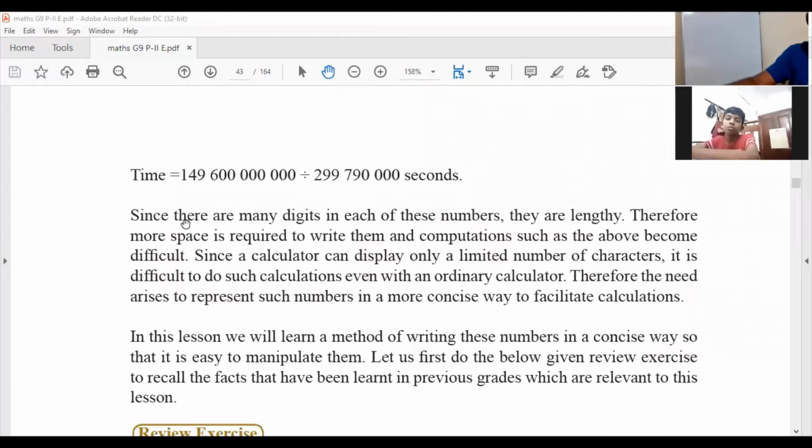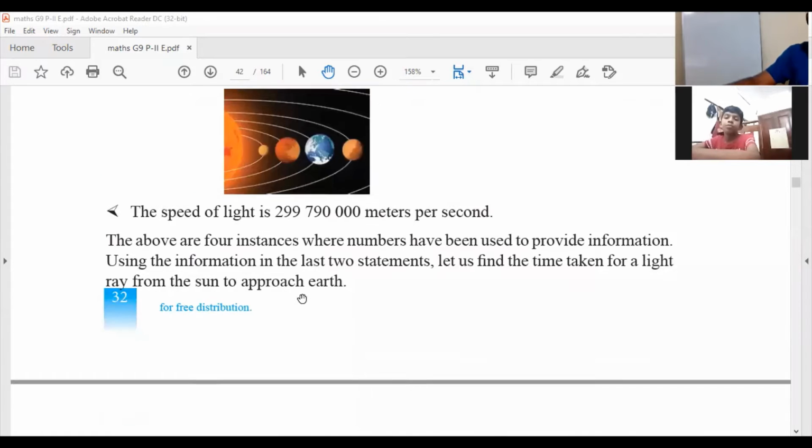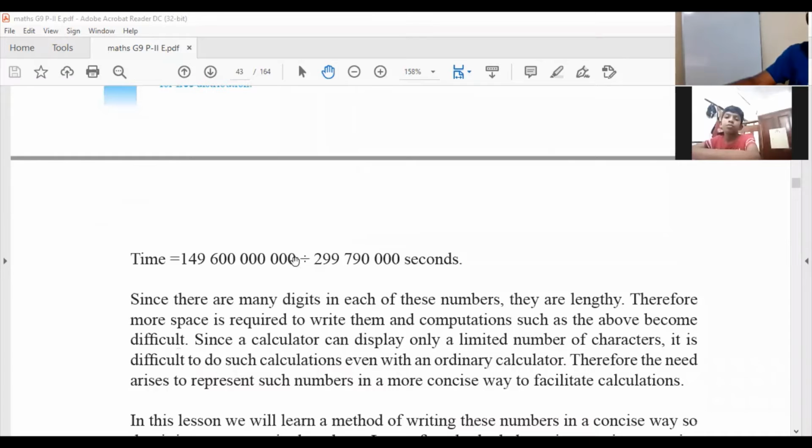Here, to find the time, the distance should be divided by the speed. This is the distance between them, and this is the speed. So then you will be able to get the time.